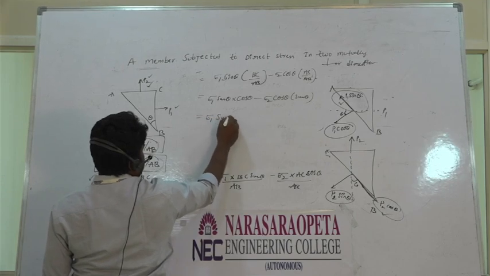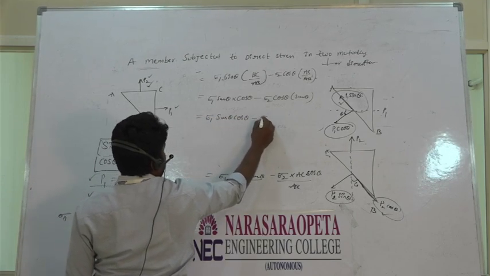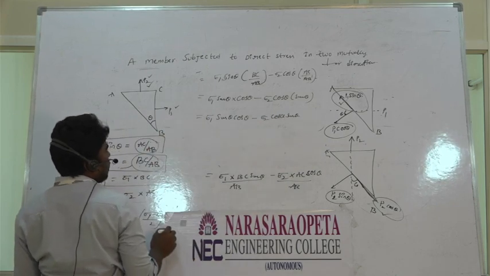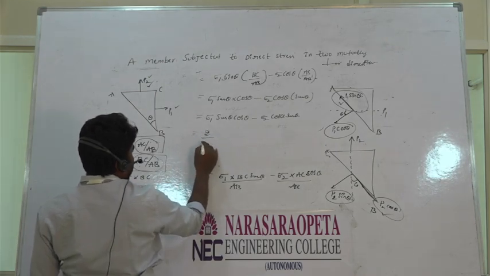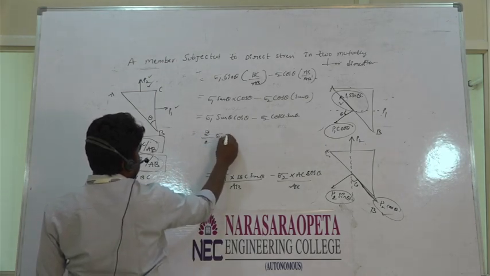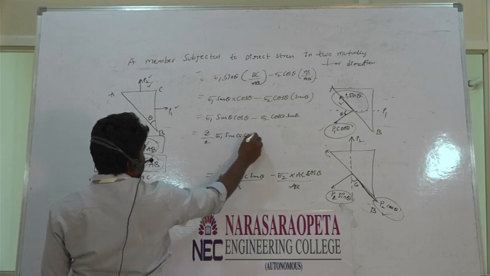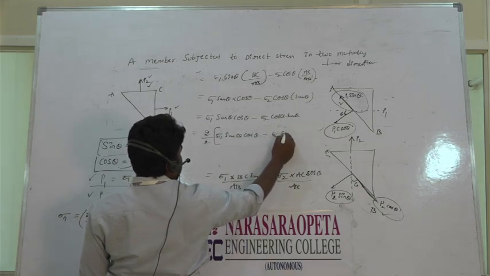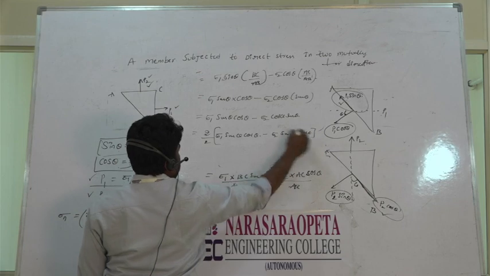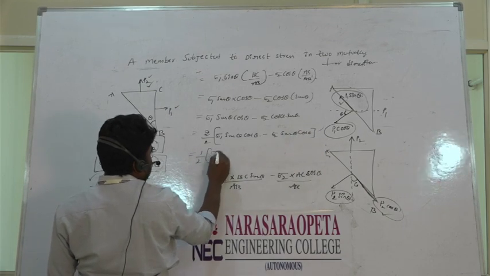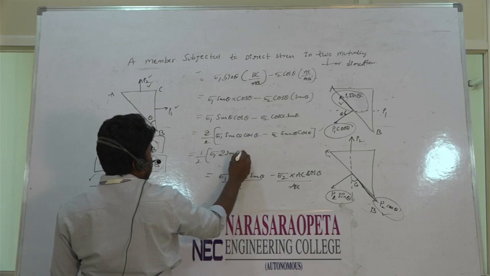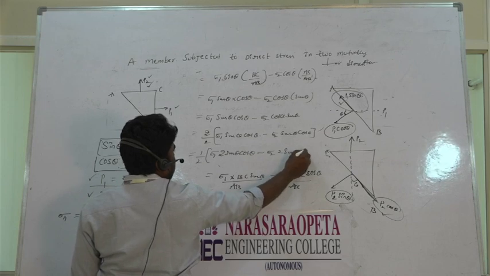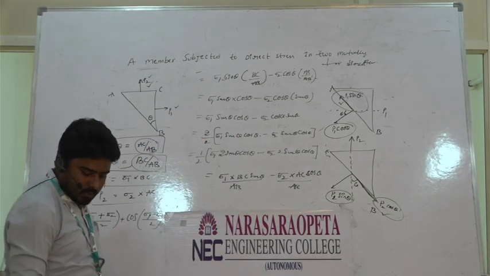So sigma 1 sin theta cos theta minus sigma 2 cos theta sin theta. It is further modified by dividing and multiplying by 2: 1 by 2 sigma 1 into 2 sin theta cos theta minus sigma 2 into 2 sin theta cos theta.